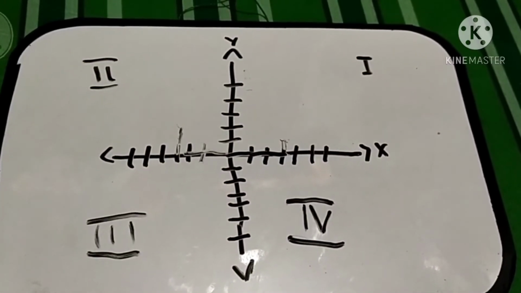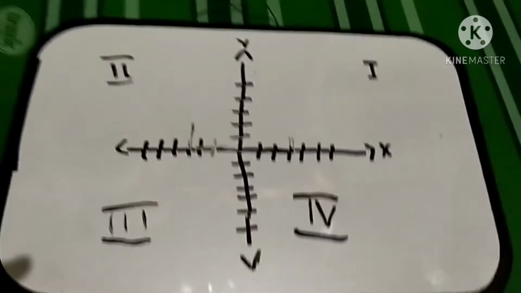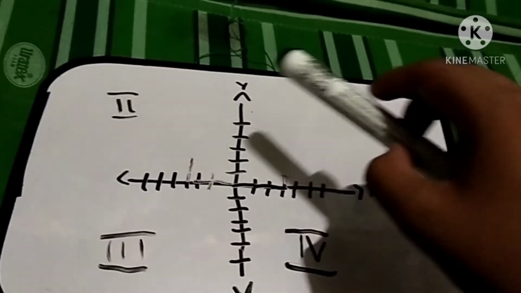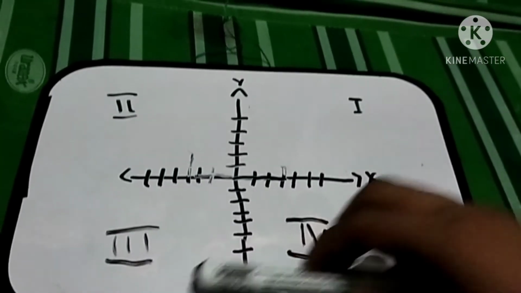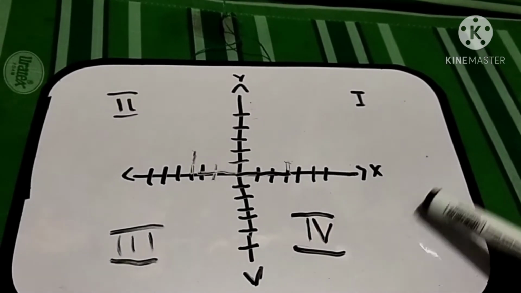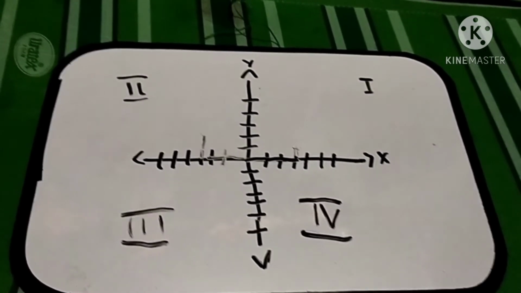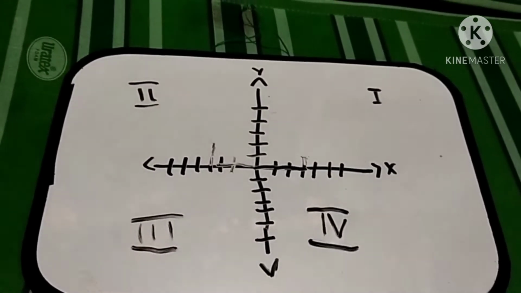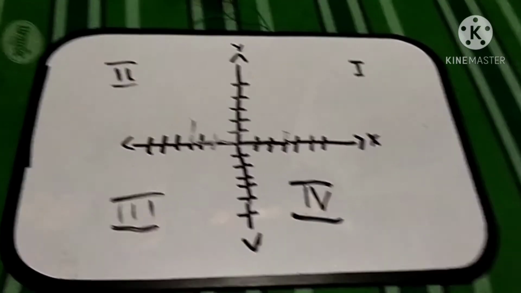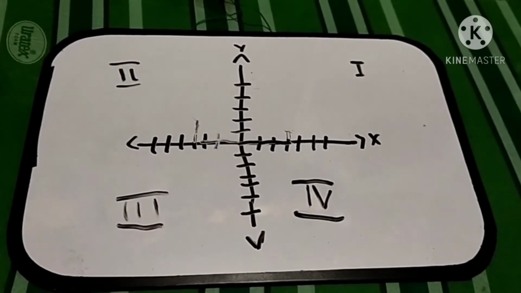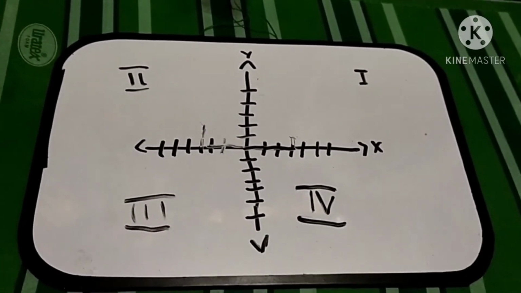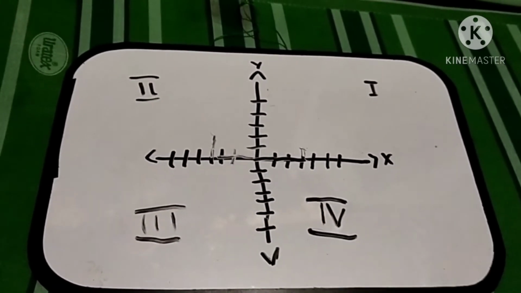In this video, I will show you how to find the quadrant of a given ordered pair. Let's start. In a Cartesian plane, we have 4 quadrants, which are quadrant 1, quadrant 2, quadrant 3, and quadrant 4. Each quadrant represents numbers with a positive or negative sign. Quadrant 1 represents an ordered pair in which all numbers are positive.